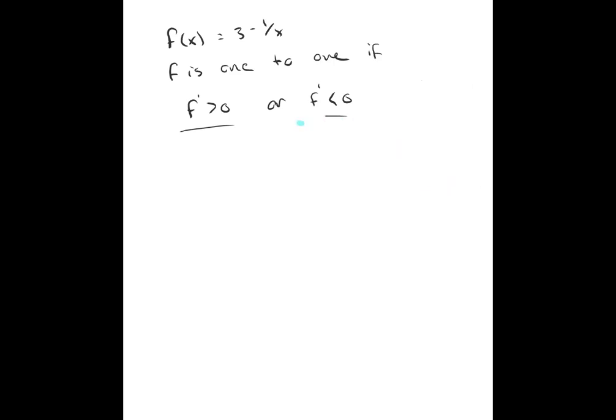So let's go ahead and evaluate that derivative. So I'm going to put this in a calculus-friendly form. F of x is 3 minus x to the -1. So f prime of x is the derivative of 3 is 0. So that's minus -1, x to the -2, which is 1 over x squared, right?